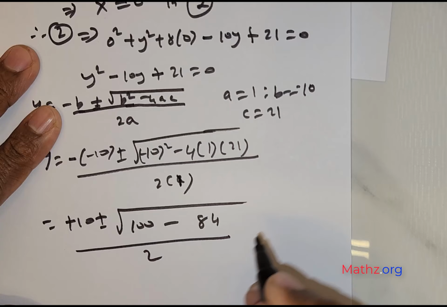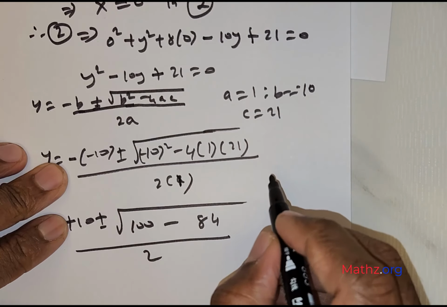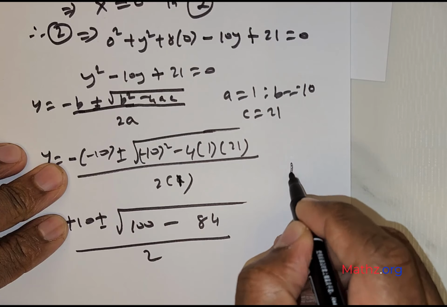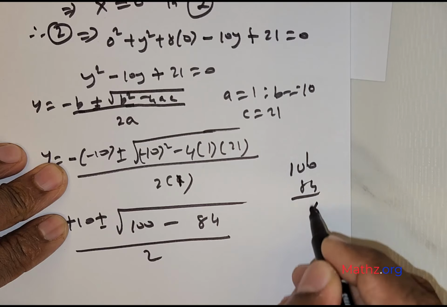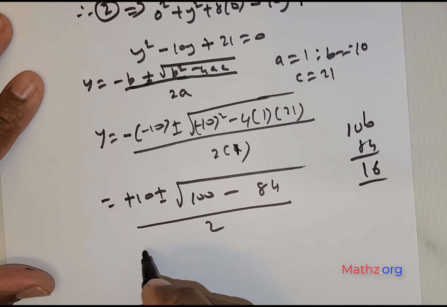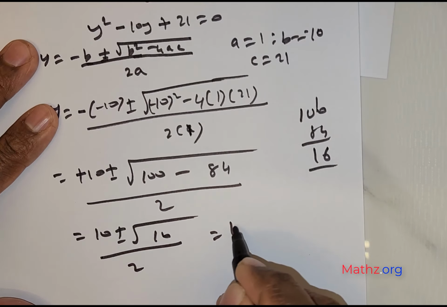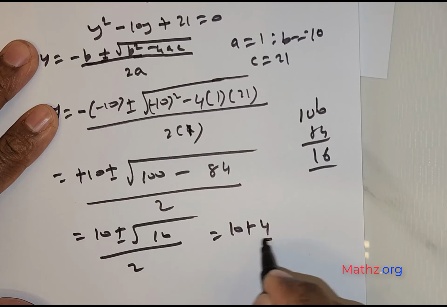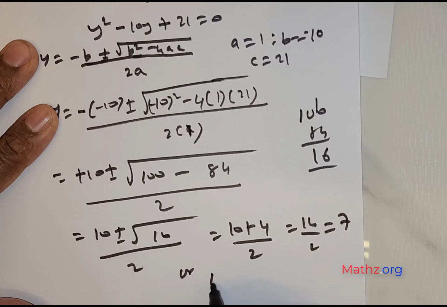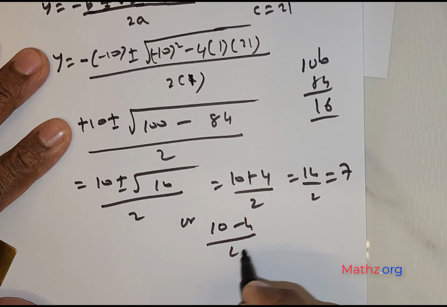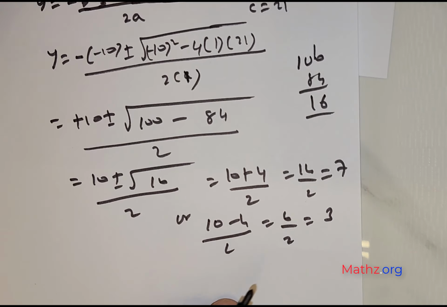So you have 10 plus or minus root of 16 divided by 2. Square root of 16 gives you 4. So 14 divided by 2 gives you 7, or 10 negative 4 divided by 2, which is 6 over 2, gives us 3.